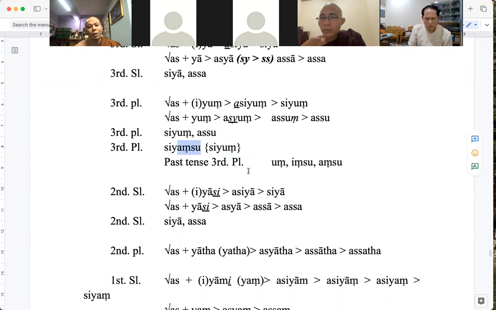So in this way, or the other way, take an analogy. So in the past tense, am su, and also now am su or si yam su in this way. That is a possible explanation in the modern or philological approach.